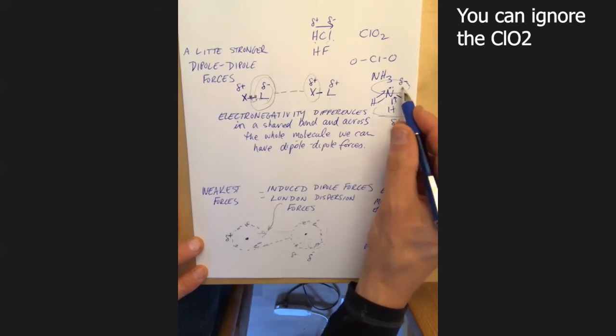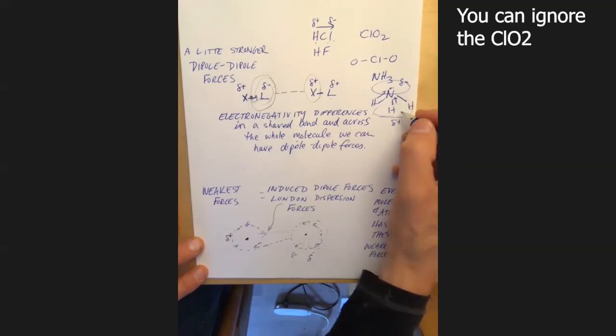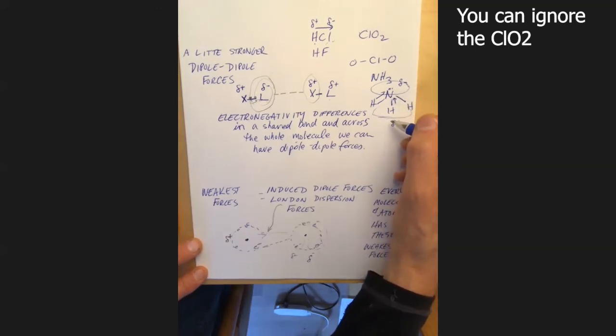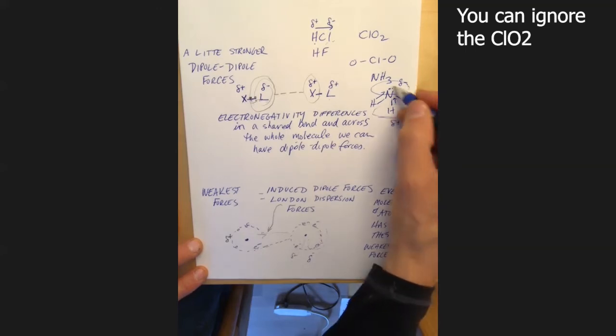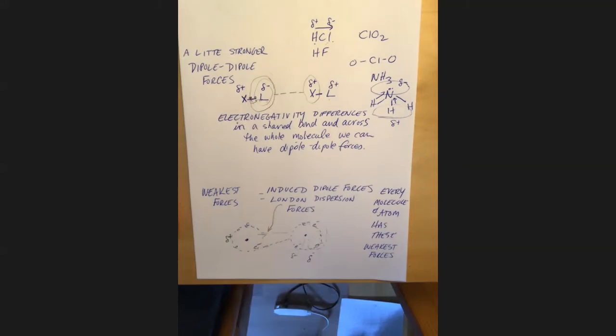And so it will have some attractive forces due to that permanent dipole between this ammonia and an adjacent ammonia. Okay, so it's all based on shape and that electronegativity difference.